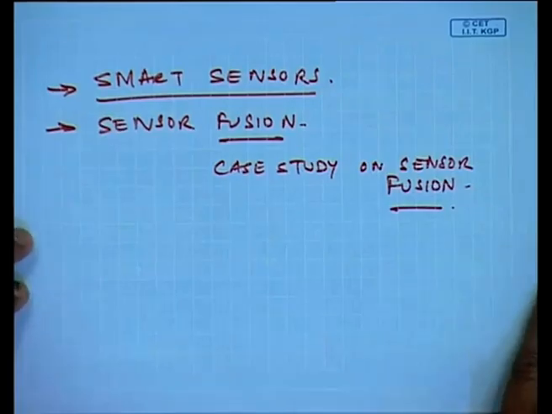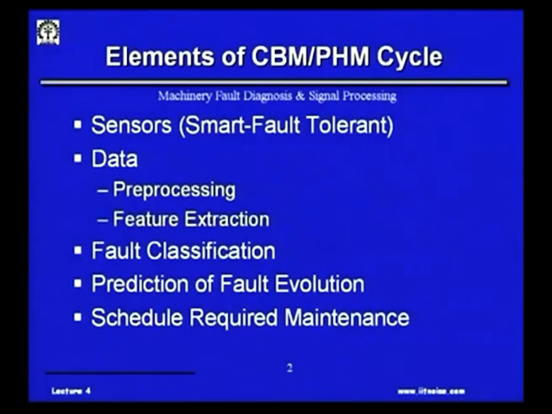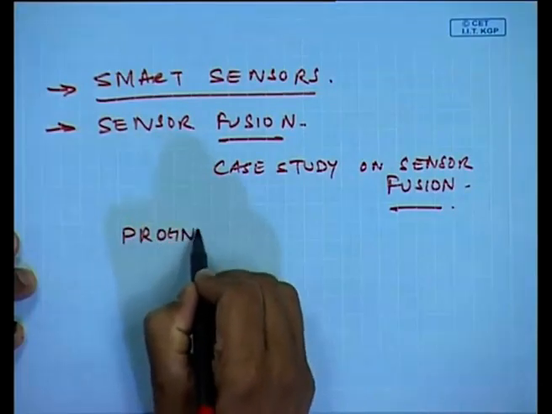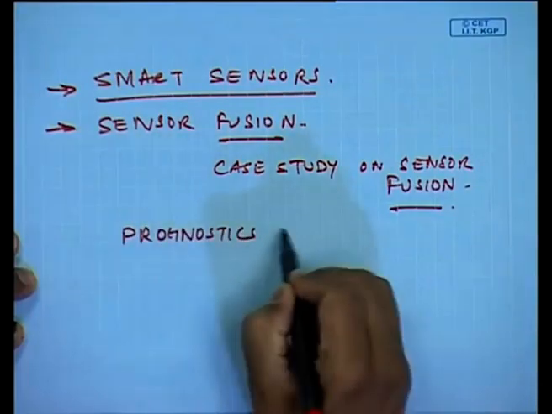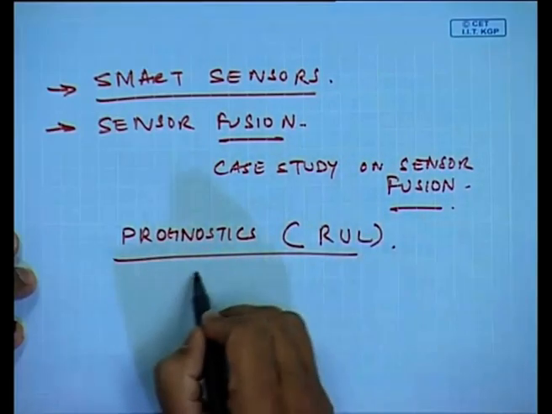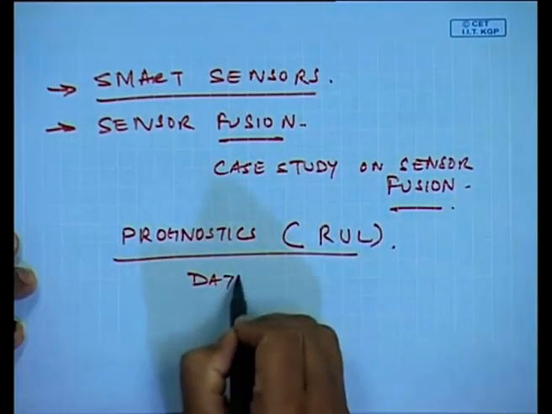Now, once we have the data coming from this sensor, we can classify the faults and try to predict how the fault is going to evolve, and then if necessary we will go for maintenance. So, the prognostics, or estimation of the remaining useful life, depends on my data analysis.